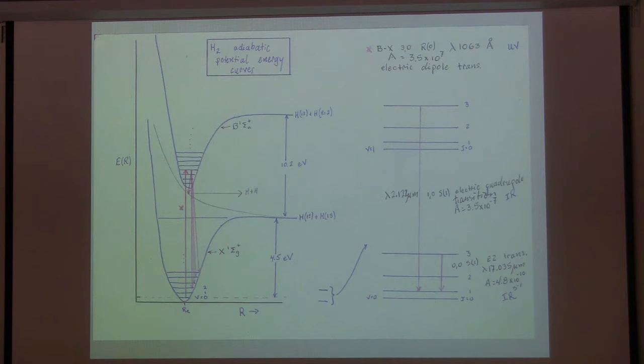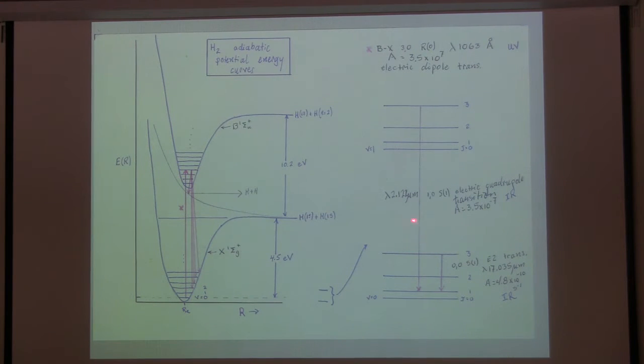However, as has been mentioned several times, the hydrogen molecule is a completely symmetric structure. The center of mass, center of charge coincide, so there is no permanent dipole moment. So these radiative transitions between vibration rotation levels of the ground state can occur only as electric quadrupole transitions.